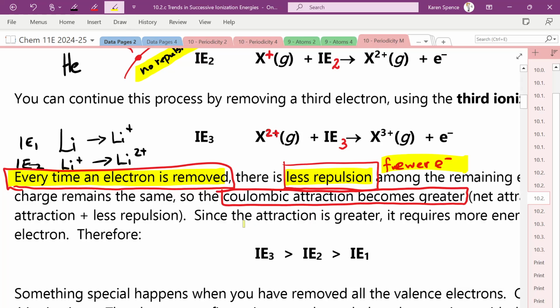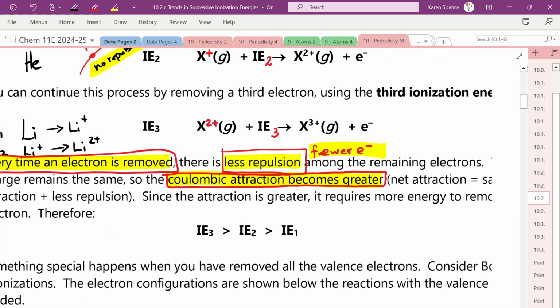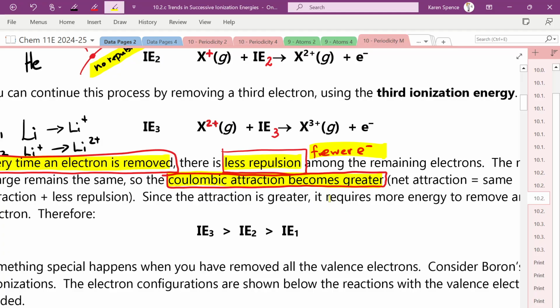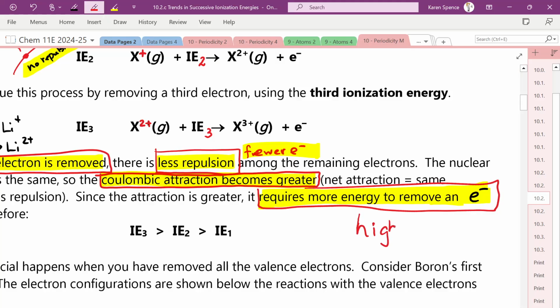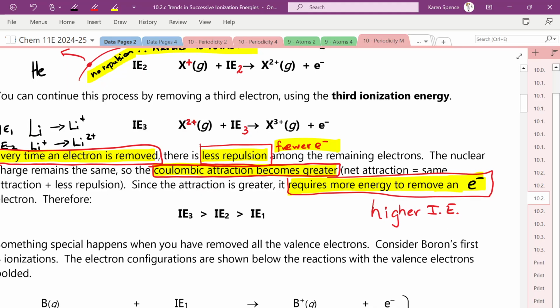And if Coulombic attraction becomes greater, what does that mean about the ionization energy? Greater. Ionization energy becomes greater. I'm just going to stick electron on there because that makes more sense. I don't want that to break over a line. So IE3 is greater than IE2 is greater than IE1.